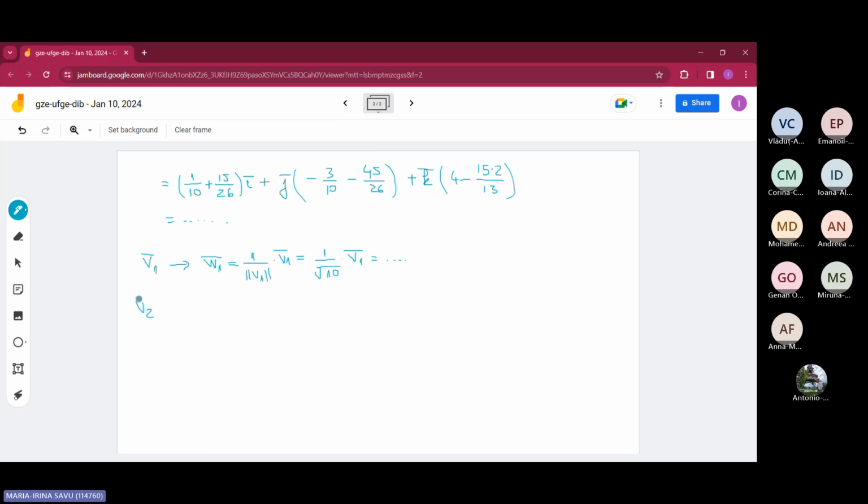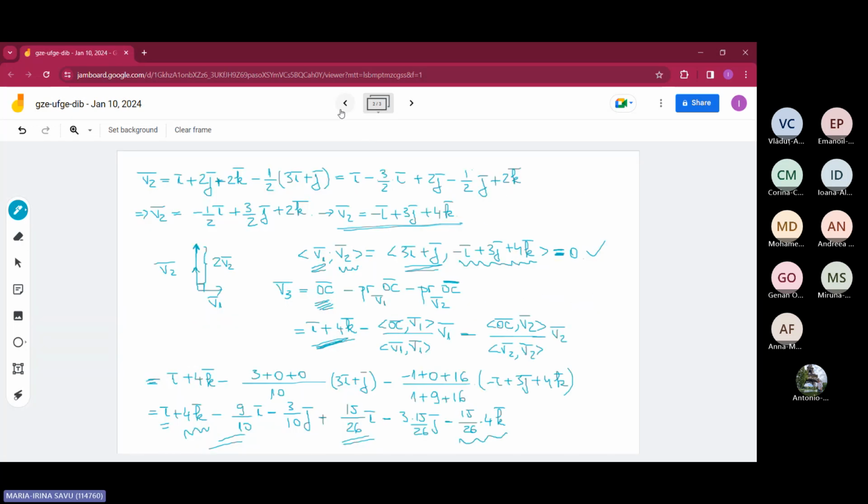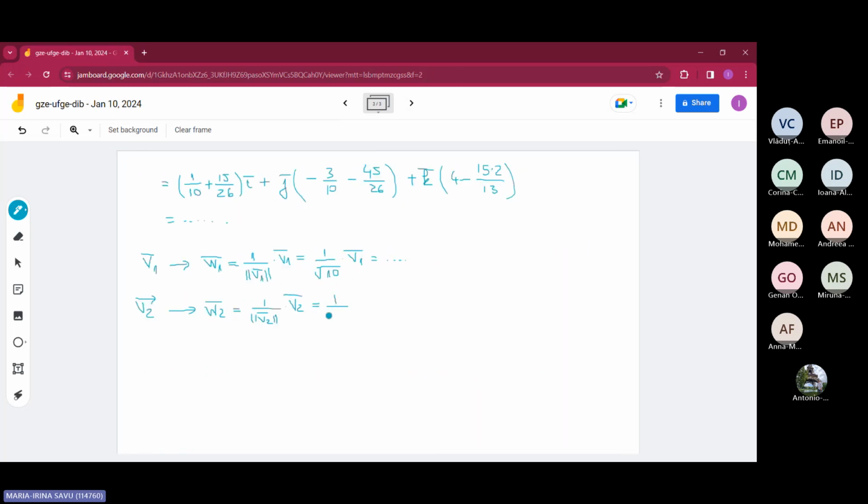Then from v2, you will have w2, which is 1 over the norm of v2 times v2, where the norm is the square root of 26.